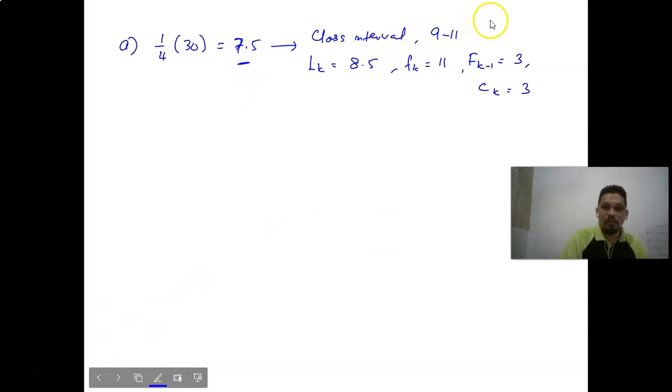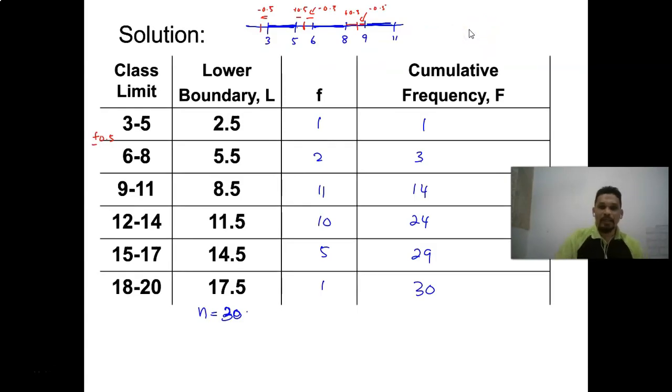Why do we choose this class interval of 9 to 11? Okay, so just imagine that, let's say from frequency of 1, then accumulate plus 2 and come up with 3, plus another 11 and accumulate until 14, and plus 10 come up with 24, plus 5, 29, and 30.